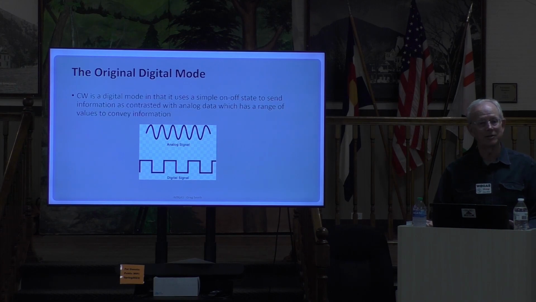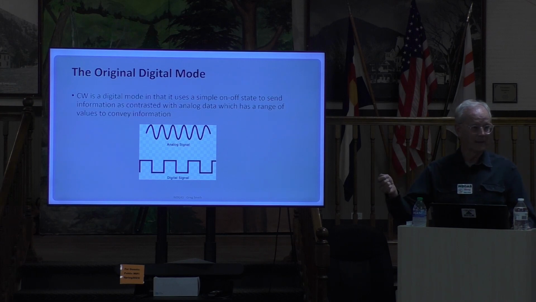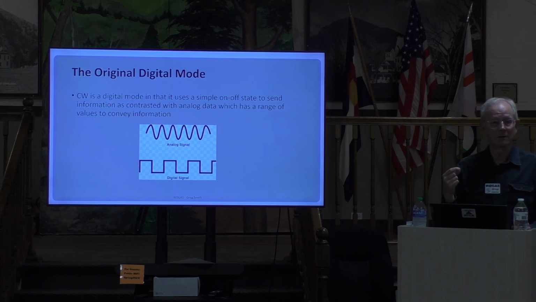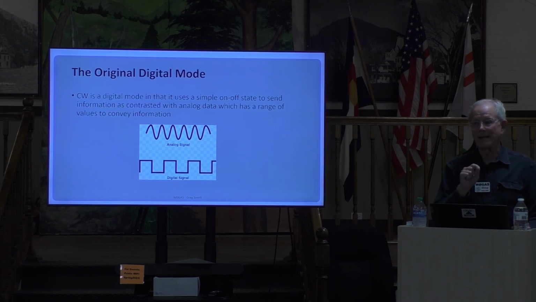Now, it's not digital in the context that most hams use digital, because most hams use digital as requiring some kind of a computer to either encrypt or decrypt what was being sent. And also, if you think of digital as in a computer digital, it's really binary, base 2. It's either on or off, and the ons and offs are all the same lengths. It's either 1 or 0.